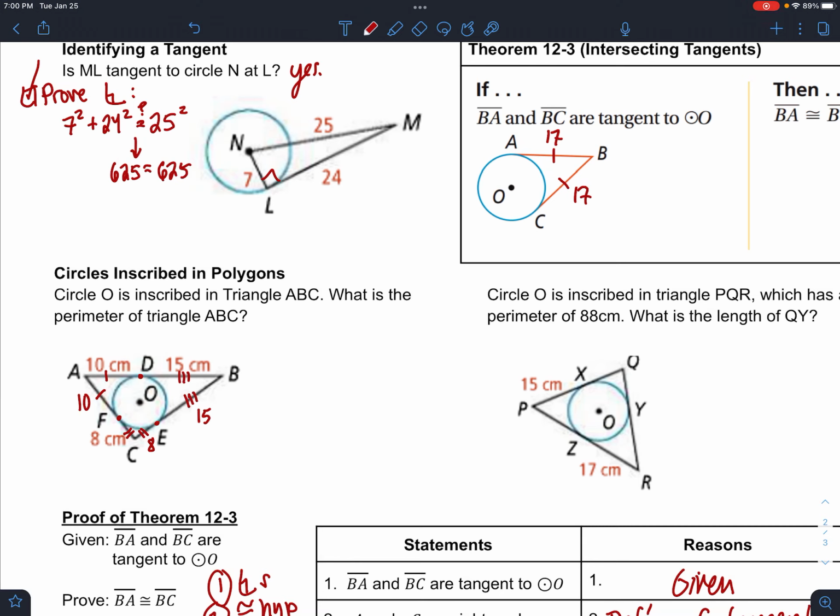Okay? What's the perimeter? Well, the perimeter is the distance around. So all I'm going to do is start right here, and go around my triangle and add up all of those numbers. So it's going to be 10 plus 15 plus 15 plus 8 plus 8 plus 10.